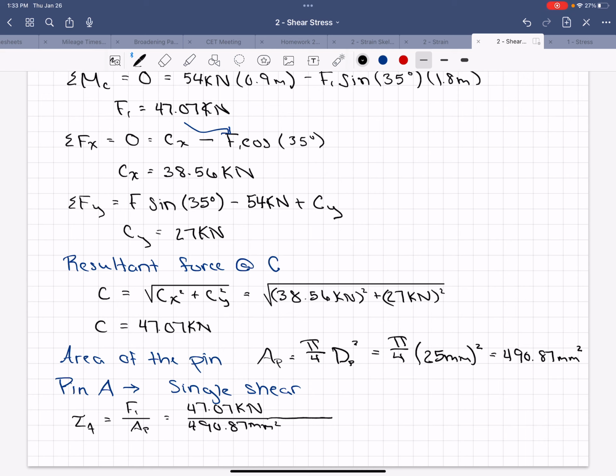I'm going to change these kilonewtons into newtons so that I have megapascals. So times 1,000 newtons per kilonewton. And I get the shear stress in pin A equals 95.9 megapascals.